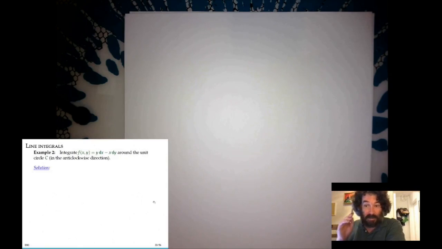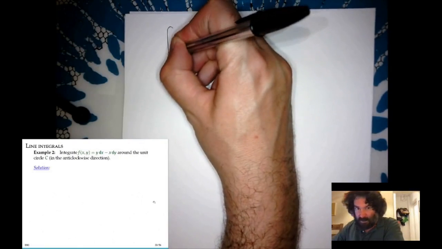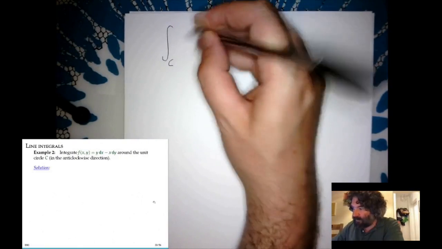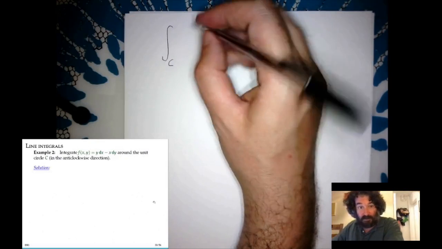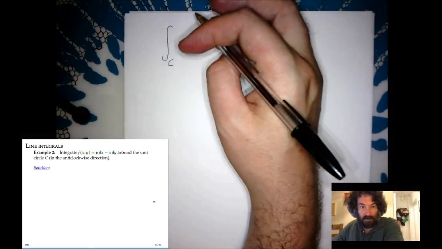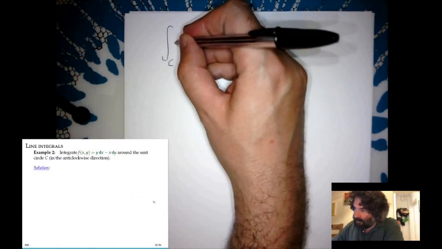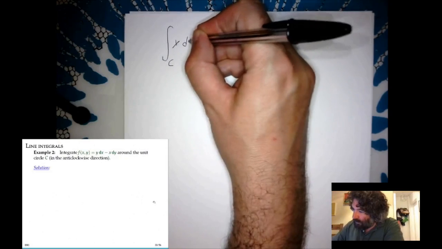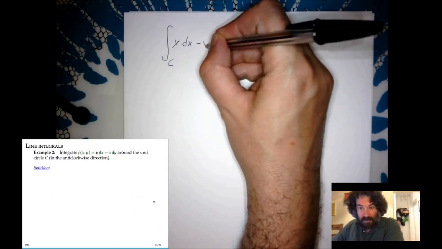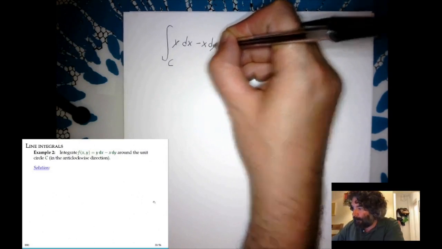So we go around it anti-clockwise. So, doing the line integral around the curve C, which is going to be the unit circle in the anti-clockwise direction, of this differential form y dx minus x dy.